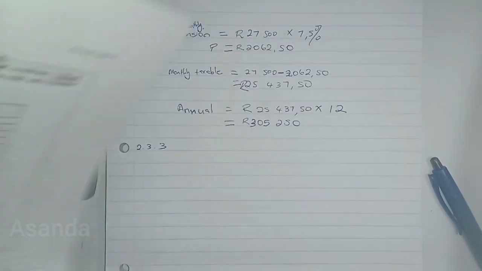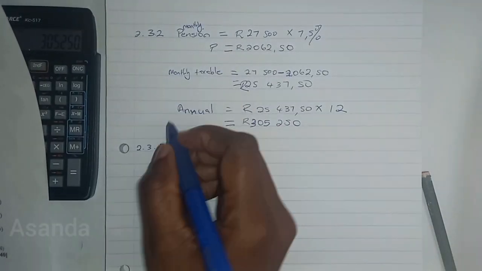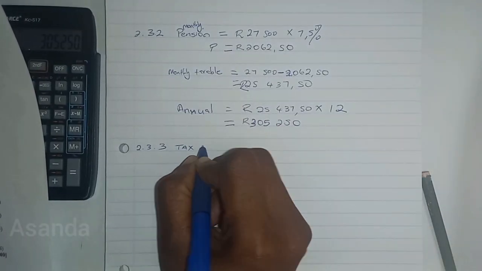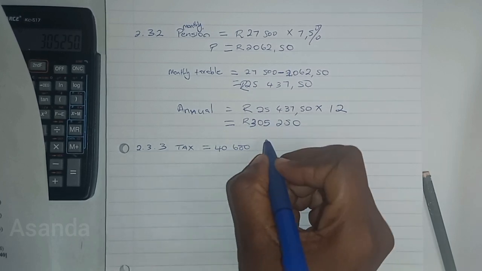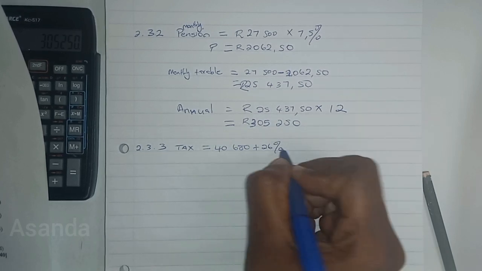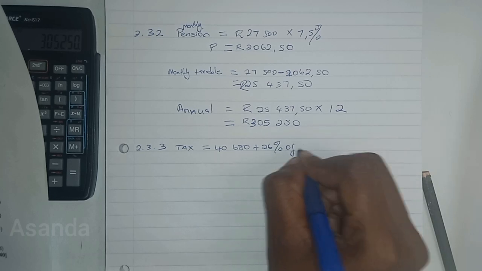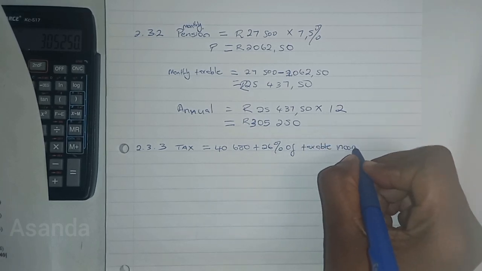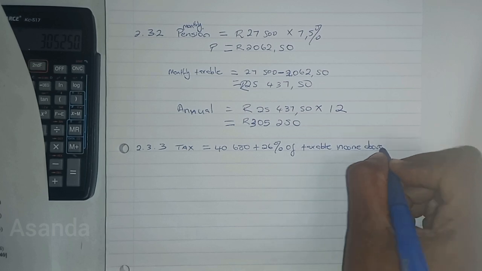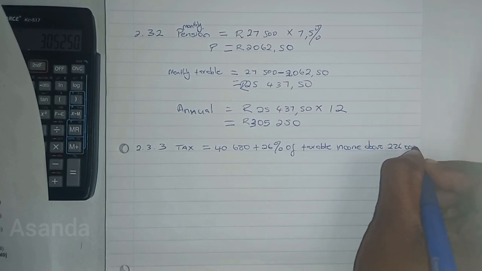Okay, let's copy the tax bracket. Tax is equal to 40,680 plus 26% of taxable income above 226,000.